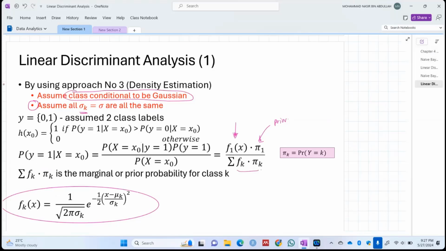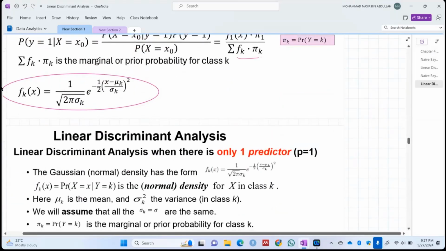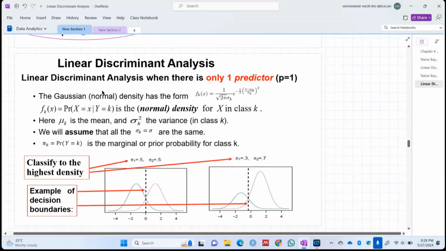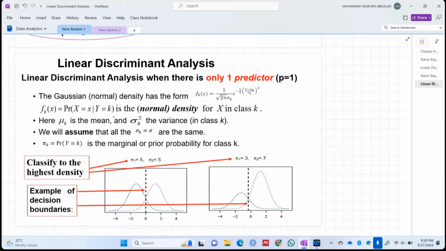That's why we need to test the equality of variance before we perform linear discriminant analysis. Now let's look at linear discriminant analysis when we have only one predictor, that means one independent variable. Remember, the predictor should be continuous. You cannot use linear discriminant analysis if the independent variable is categorical.